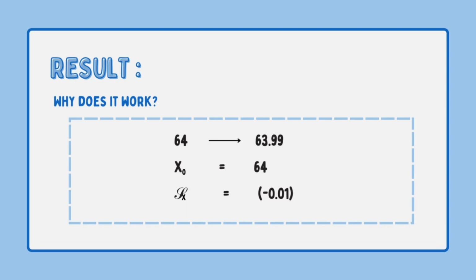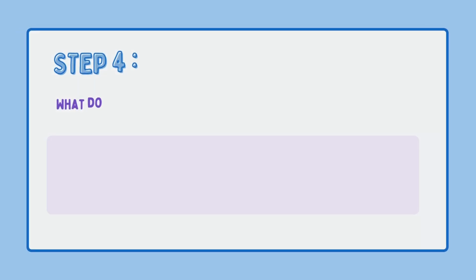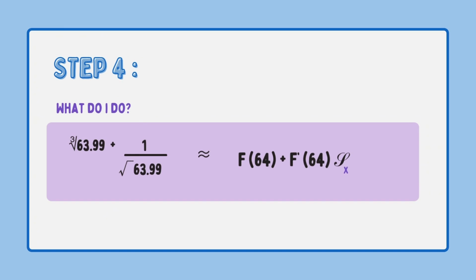So x0 equals 64, delta x equals 0.01 because 64 minus 63.99. Step 4 is cube root of 63.99 plus 1 over square root of 63.99, and then f(64) plus f prime(64) delta x.